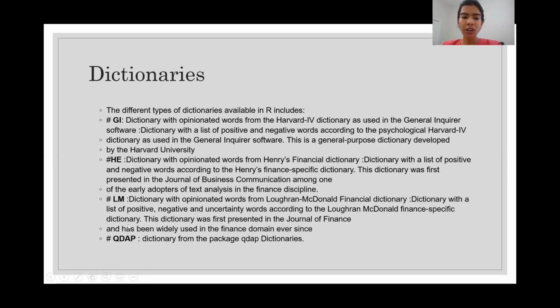And for our generalized purpose, the dictionary that we are using throughout the project is the qdap dictionary, because it helps a general audience do text analysis and distinguish what the sentiments are and how they relate to each other.